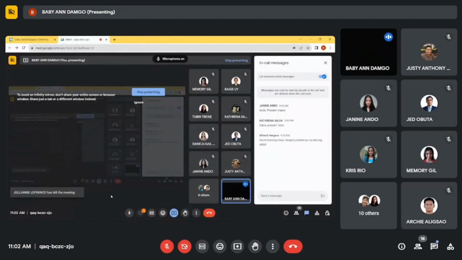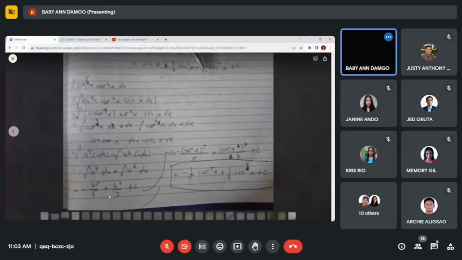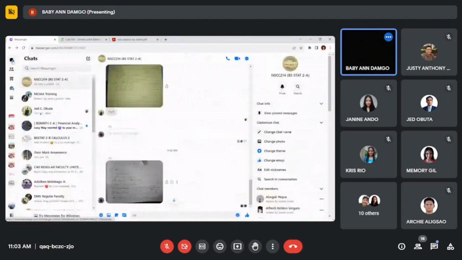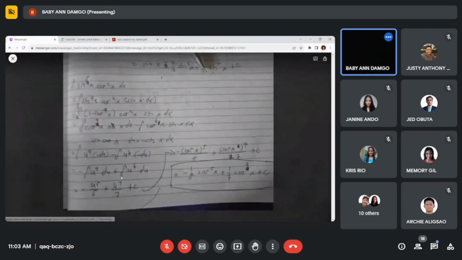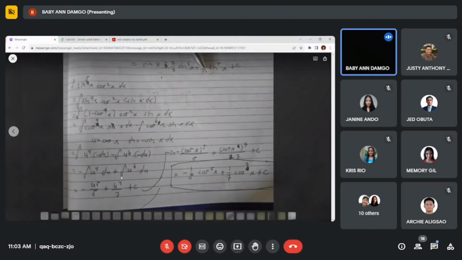Okay, so nanay answer si isa man ni H. Okay, so we have sine to the fifth x cosine squared x dx. So sine x, so 1 minus cosine squared x.